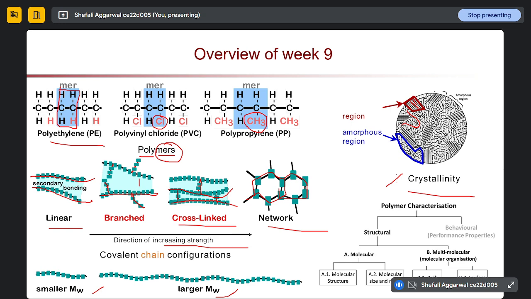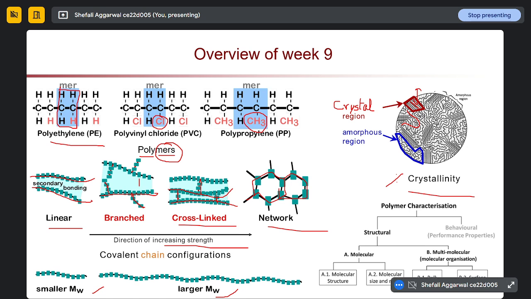These things we have talked about in the initial lecture, how this cross section is developed. This is a crystal region, and that is an amorphous region. Based on this, we can calculate the percentage of crystallinity. The more the crystalline structure, the more will be the tensile strength, or the more will be the modulus of elasticity of your material.